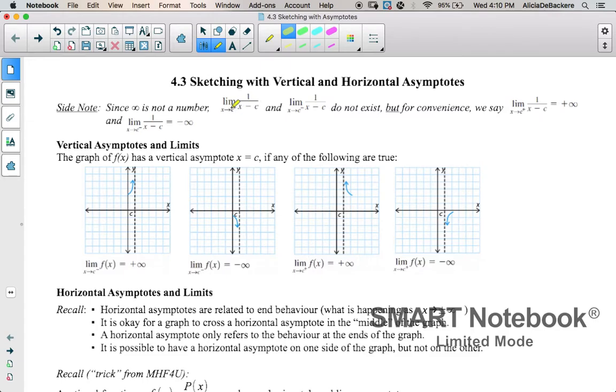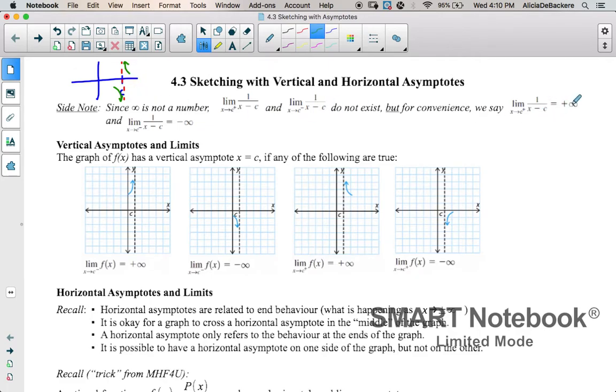Now if I approach the c value from the right, or approach the c value from the left, the limits are not going to exist because as I get closer to the vertical asymptote, so hopefully you remember this function, let's say the c value is here, I've got then a vertical asymptote and my function would be approaching from the right, it would be approaching positive infinity, and from the left it would be approaching negative infinity.